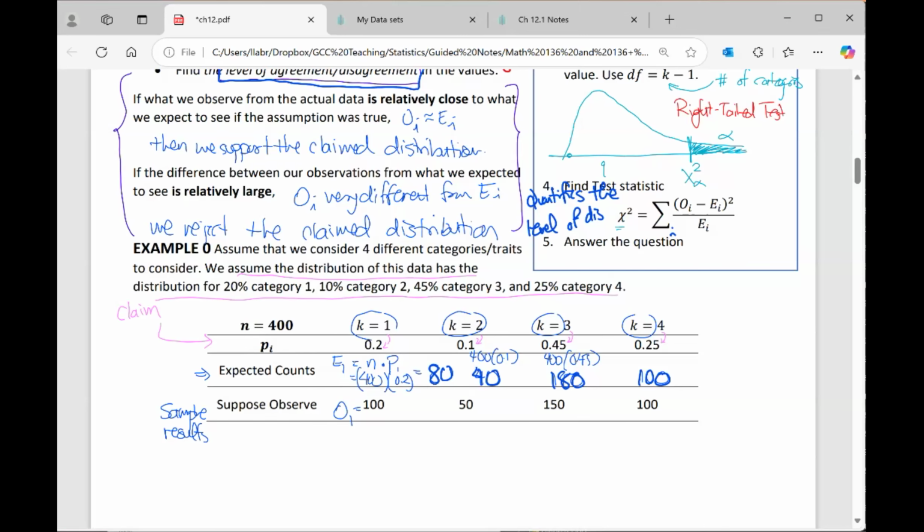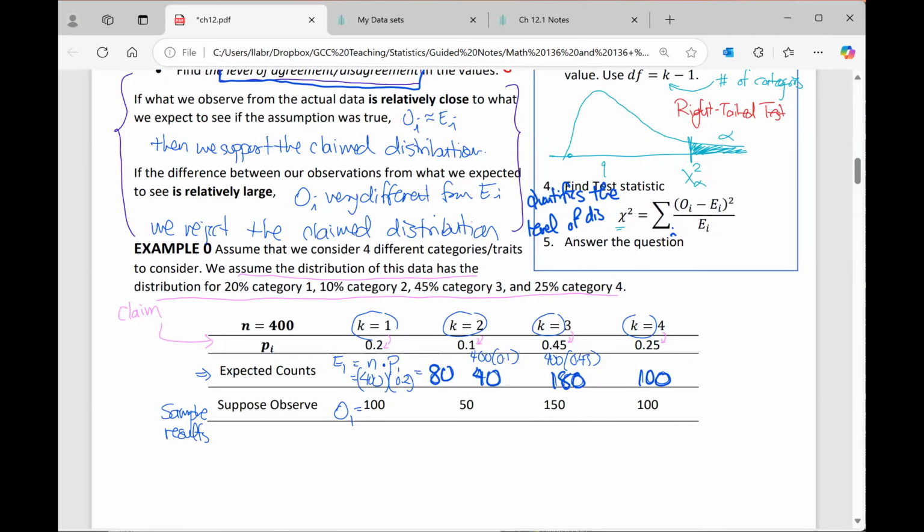Under the null hypothesis that this is the actual distribution, I should have observed 80. Now, that's kind of close, maybe, potentially. Look at category 2. I actually took my sample. I observed 50 individuals in category 2. According to the null, I should have observed close to 40. So again, that's pretty close. And we just keep going. Observed 3 was 150, observed 4 is 100. And here we actually do get agreement.